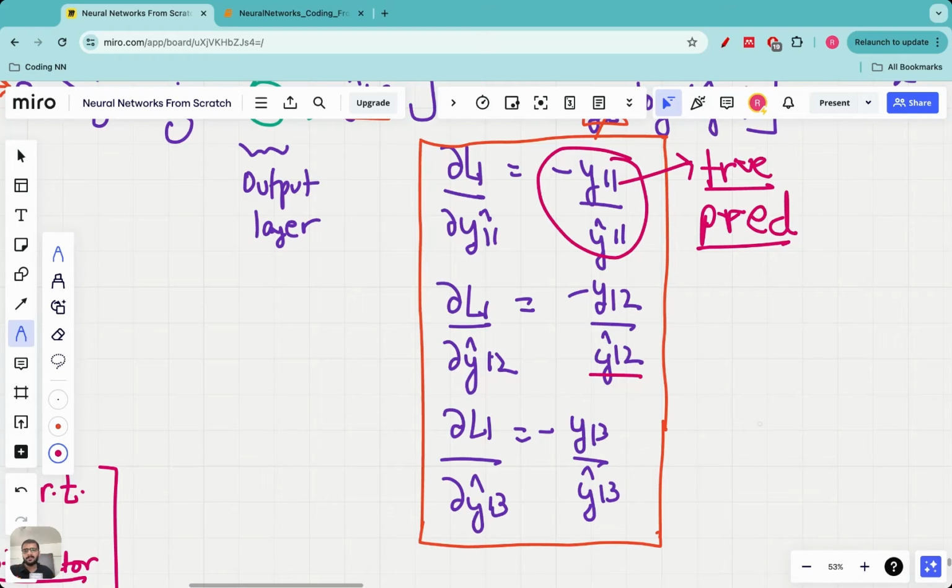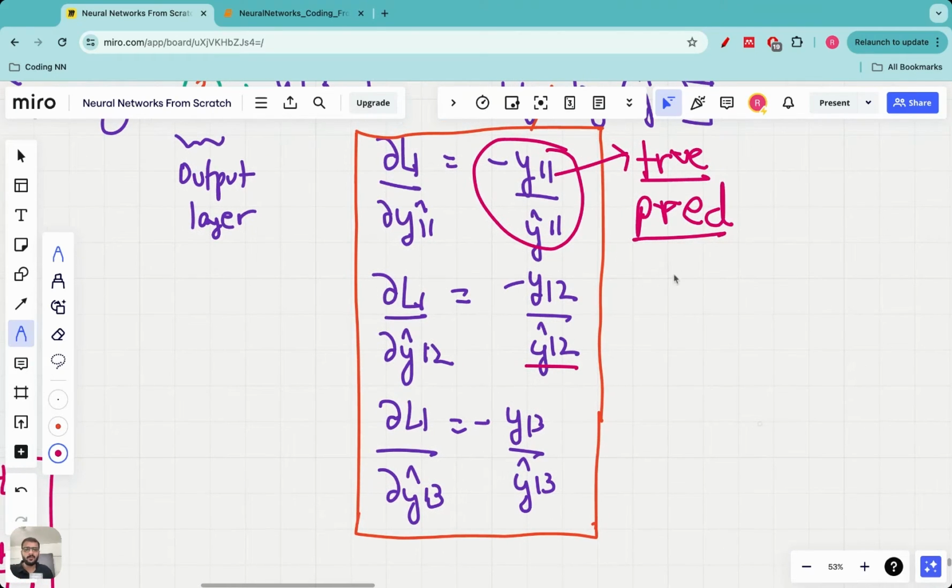So if you were to represent this in vector formulation, it generally seems that we are looking at negative of true versus the predicted, right? So this can even be written in a vectorized formula. So what is the true vector?